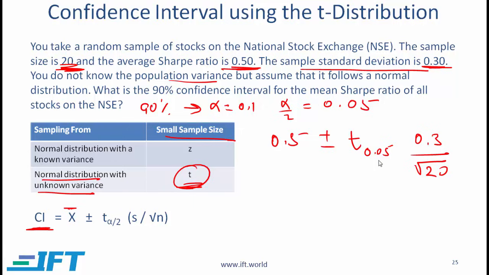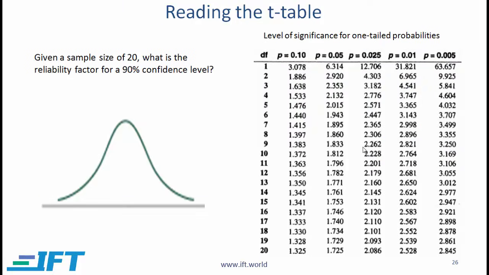So the only piece of information that we now need to find is the t value for 0.05. And here is how we do this. We need to know the degrees of freedom, because as we saw earlier, the t value depends on the sample size, which in turn drives the degrees of freedom.